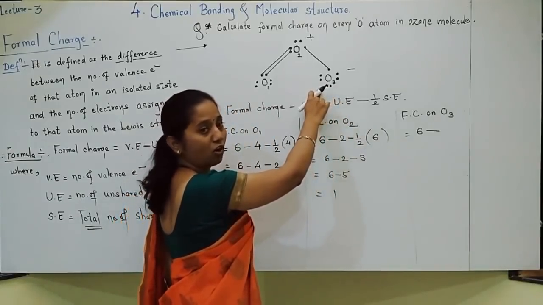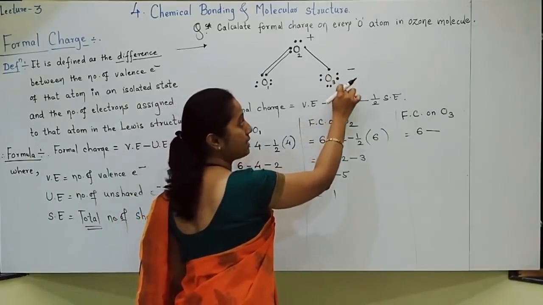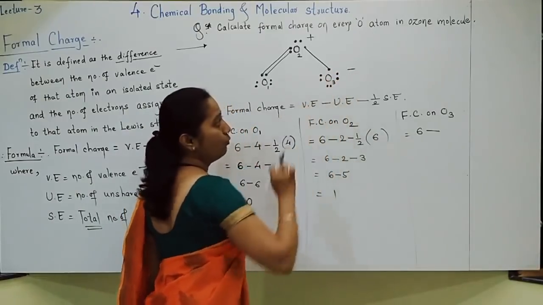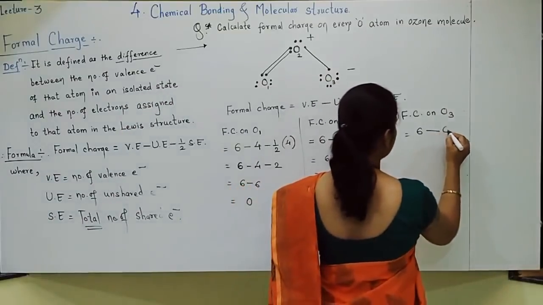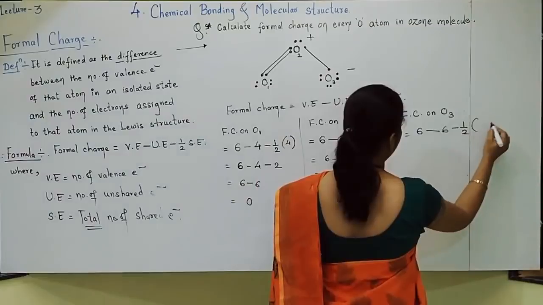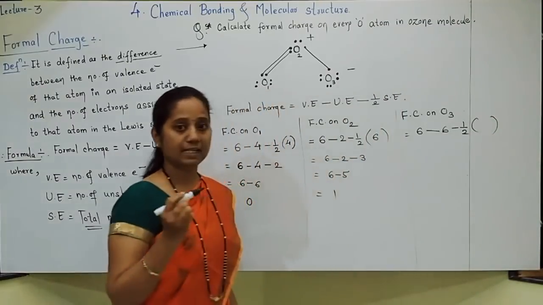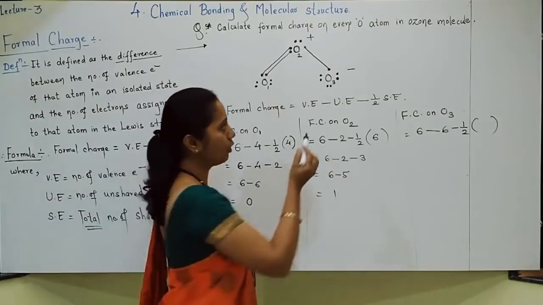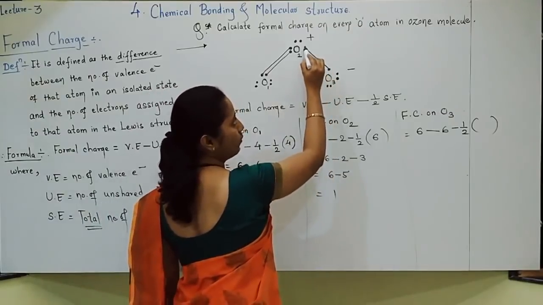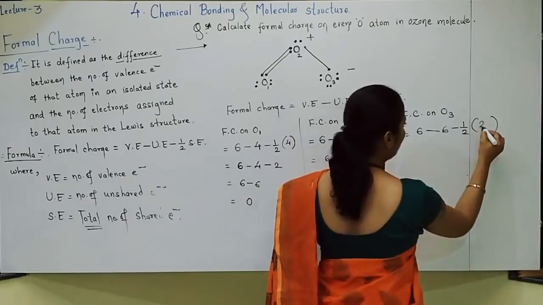How many electrons are not shared? You can see that 6 electrons are there which are not shared. So 6 minus, I will write 6 minus half into bracket SE. SE tells you, students, take the total. Shared electron is 1. This side 1. Total 2.